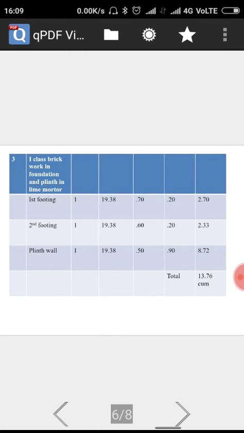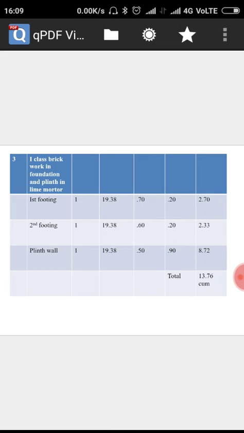For the first footing, width is 0.70 meter and height is 0.20 meter. Total quantity is 2.70 meter cube. For the second footing, length is 19.38 meter, width is 0.60 meter, and height is 0.20 meter.